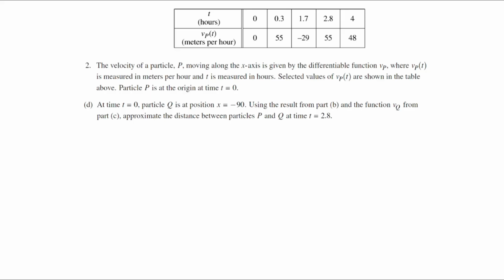Well, we'd already found that particle P is at 40.75, because we had read earlier that its initial position was 0, and we approximated its displacement there to be 40.75. So we've already got particle P. We just need to find the position of particle Q at 2.8.